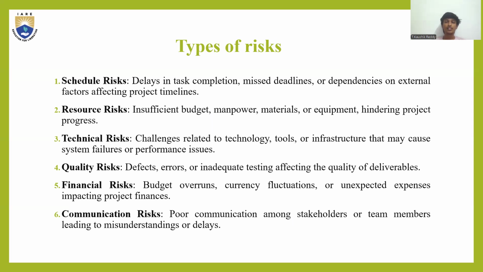Technical risks: challenges related to technology, tools, or infrastructure that may cause system failures or performance issues. Quality risks: defects, errors, or inadequate testing affecting the quality of deliverables. Financial risks: budget overruns, currency fluctuations, or unexpected expenses impacting project finances. Communication risks: poor communication among stakeholders or team members leading to misunderstanding or delays.